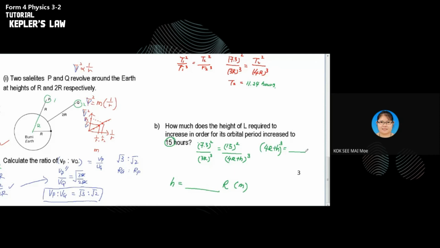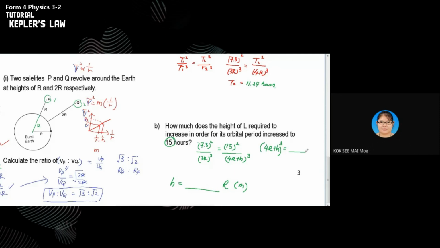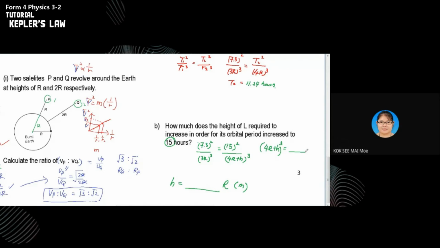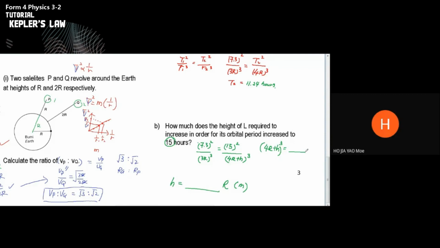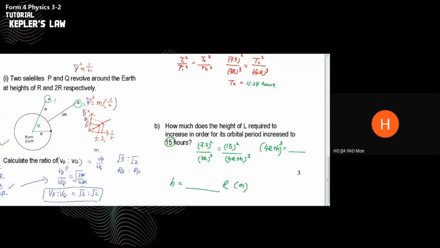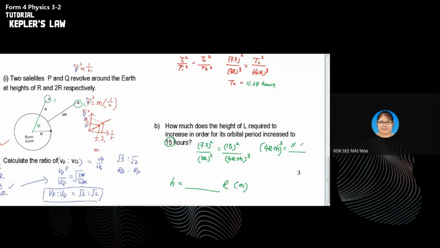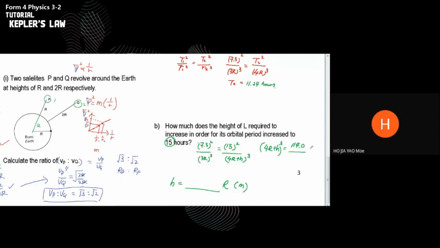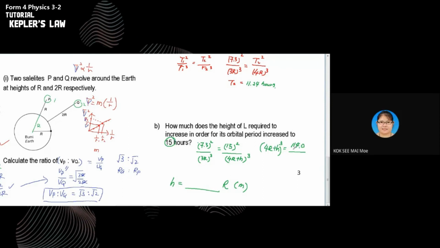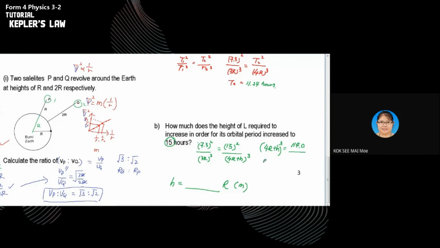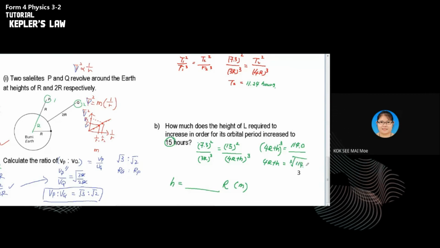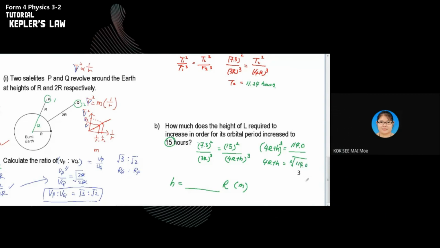What's your answer for 4R plus H cubed? 114.0. Got any times stack or not? No. Okay, so from here, we take the cube root of 4R plus H. Then I want the answer, which is H.